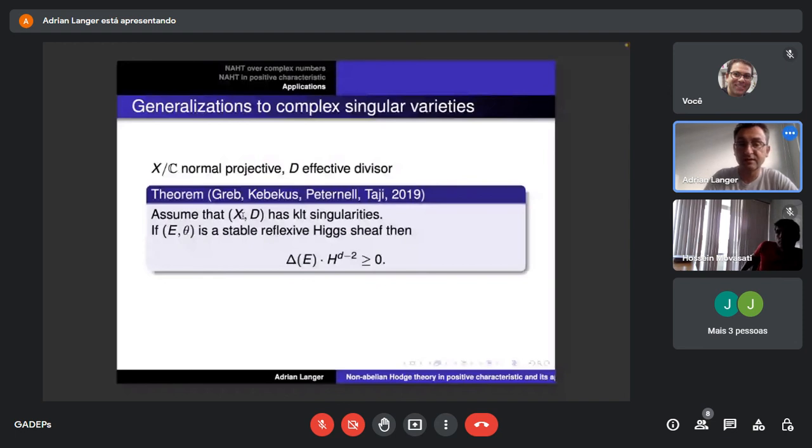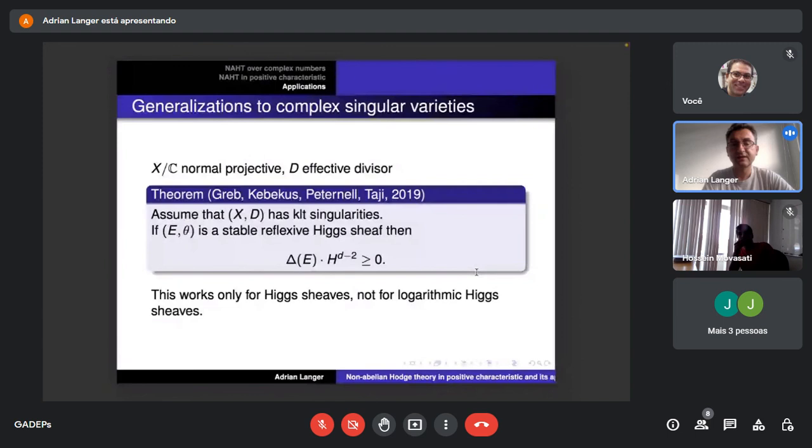And what I'm doing right now, and it is not yet available completely, I mean, at least you can't see the paper on the arXiv, is the following result.